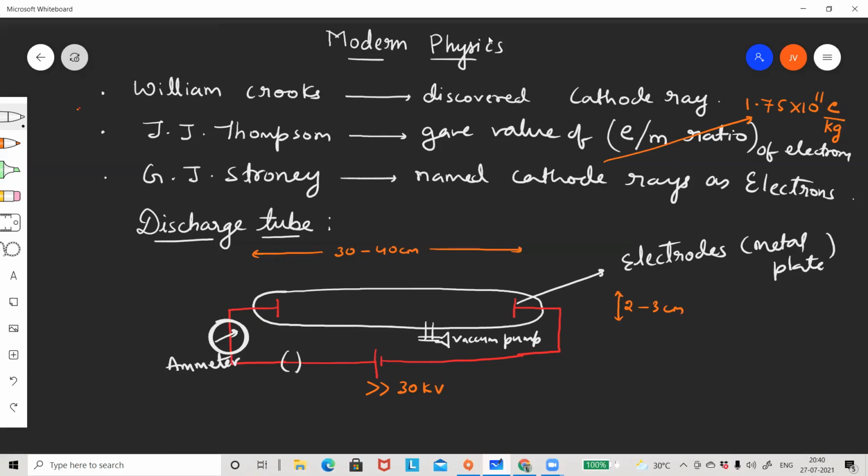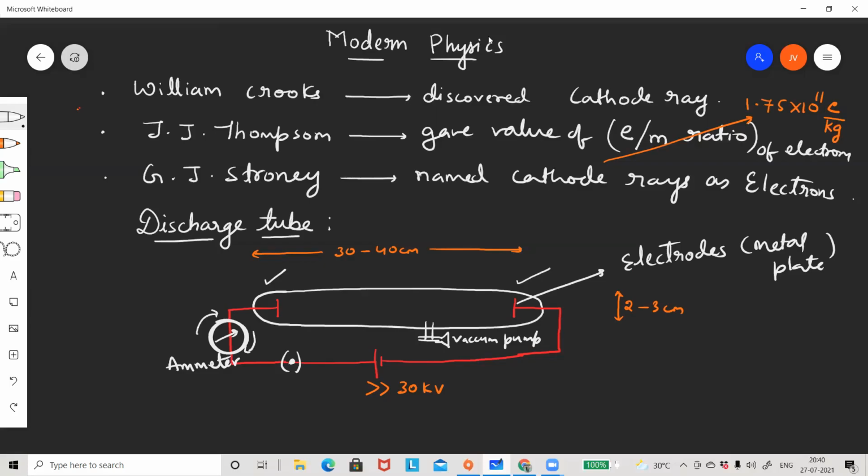Now here what happens: in this discharge tube, there is some air or gas. Say for example, once the circuit was closed, the ammeter showed a deflection. And that was the biggest question for the people who were looking into this discharge tube. The electrodes are not in contact, one electrode at one corner, another at another corner, not at all connected to each other.